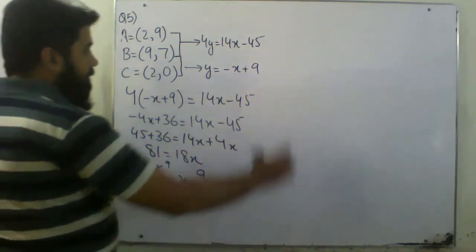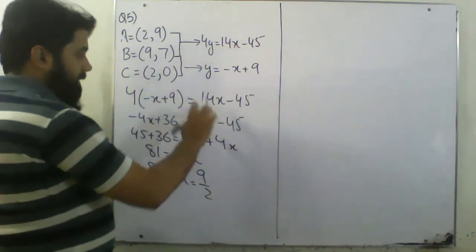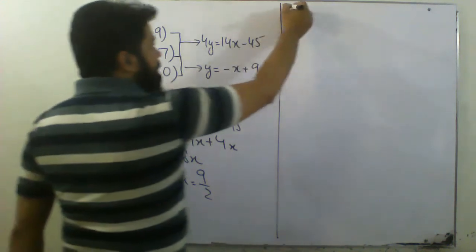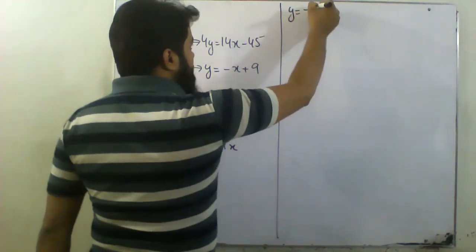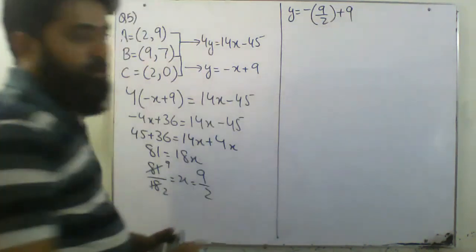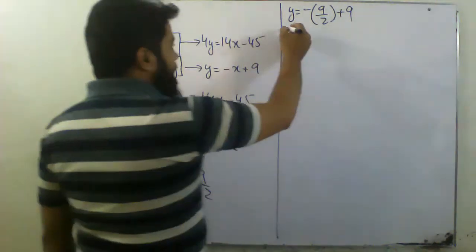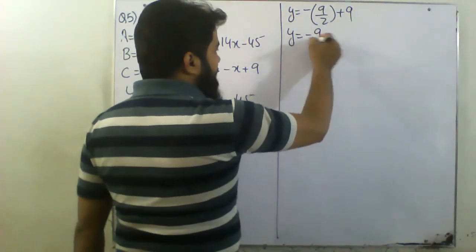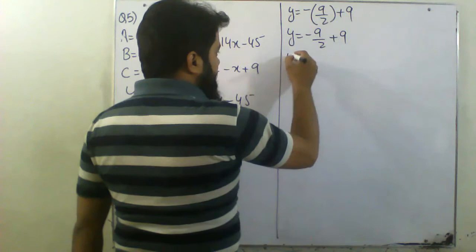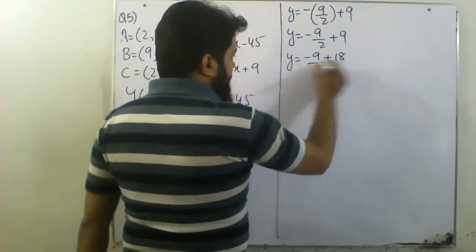Taking this value and plotting it over here or over here, it's your choice. So I'm plotting it over here. y equals minus x plus 9, with x as 9 over 2. When I simplify it, y equals minus 9 over 2 plus 9, taking LCM, y equals minus 9 plus 18 over 2.